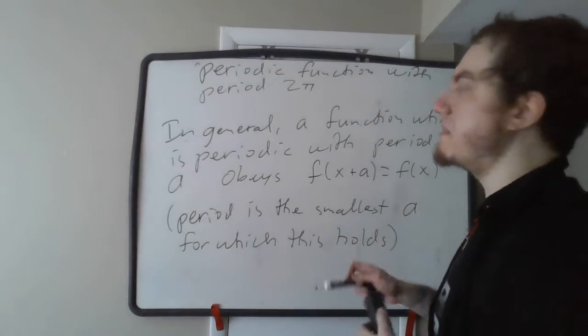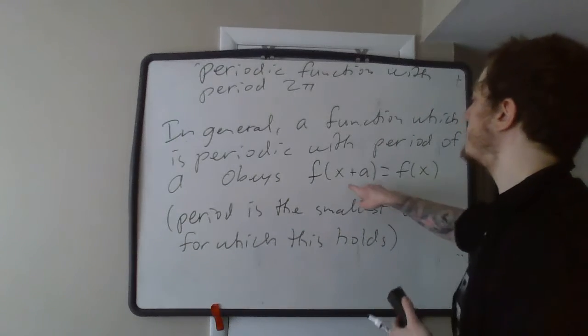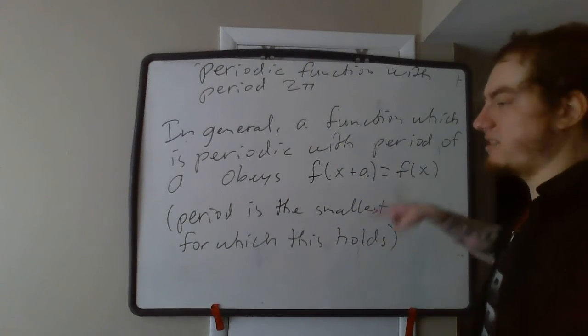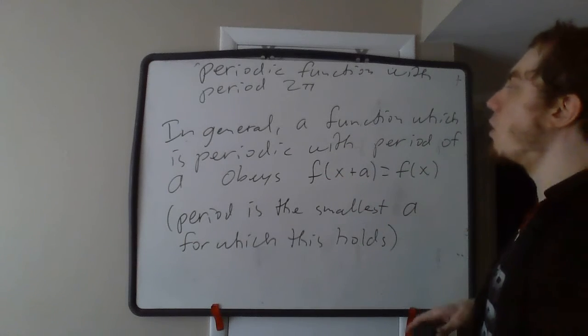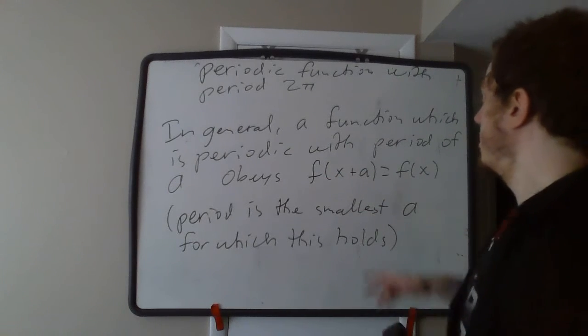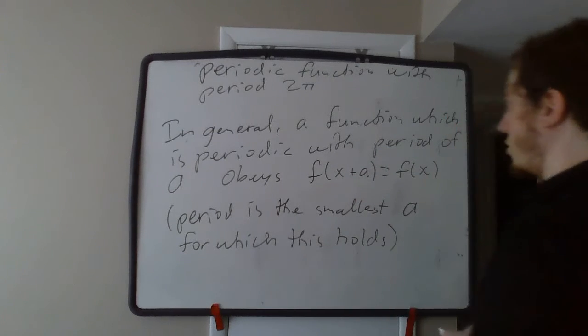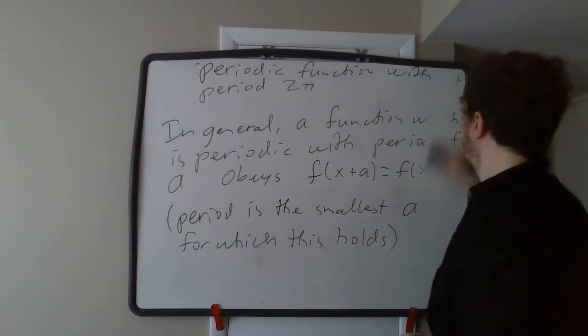Now, that doesn't necessarily mean you can't get the same value sometimes within that interval, but it does mean you don't start repeating the same pattern until you have gone through one full period, meaning the width of this interval before it starts repeating itself again.